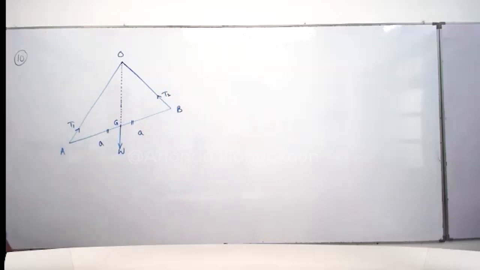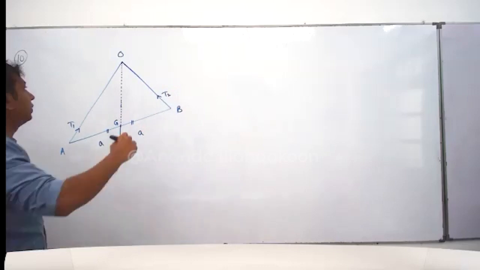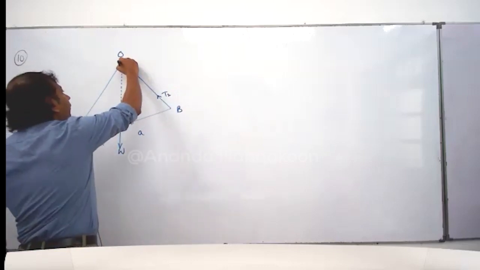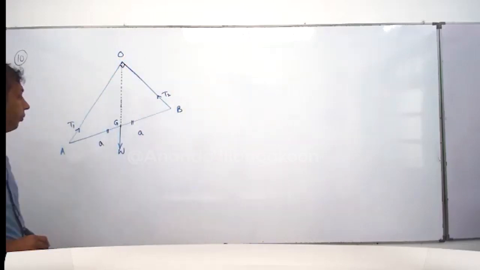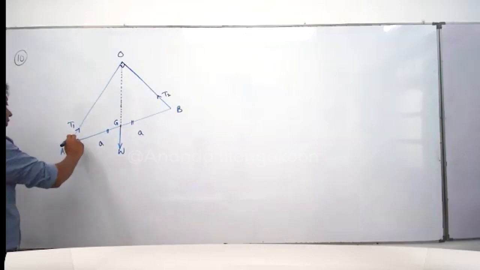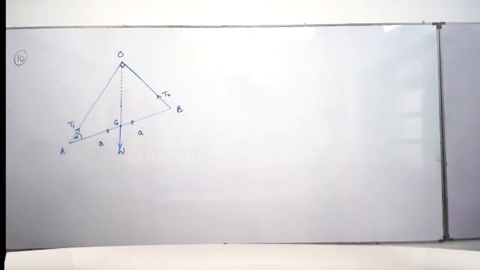It is given that angle AOB is pi by 2, that is 90 degrees, and angle OAB is alpha.